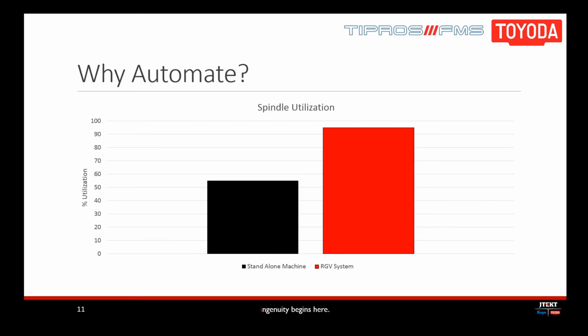So as a result, your throughput will increase while decreasing your work in process. Work is then able to be scheduled in the quantity needed, minimizing overruns and inventory, allowing for a true just-in-time system. So over the course of the series, we'll show you how this is done using TIPROS FMS. And our goal for the series is that new and current users are able to attain these results consistently using the information we provide.